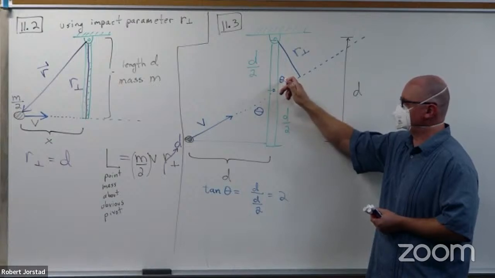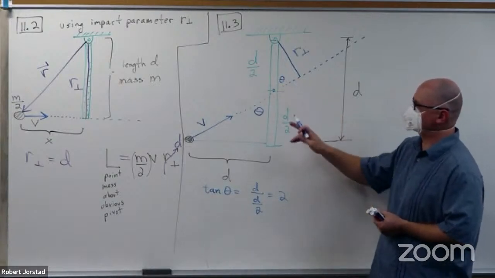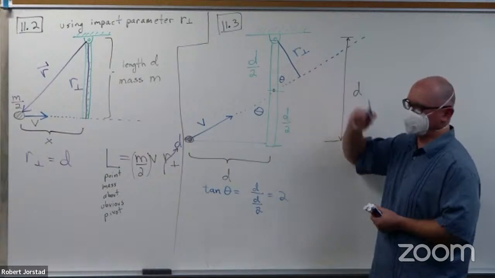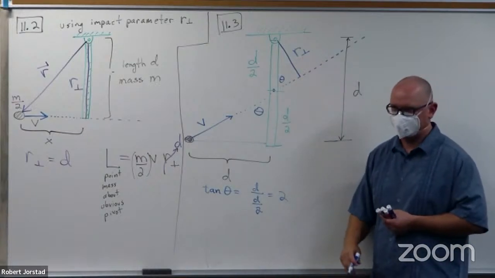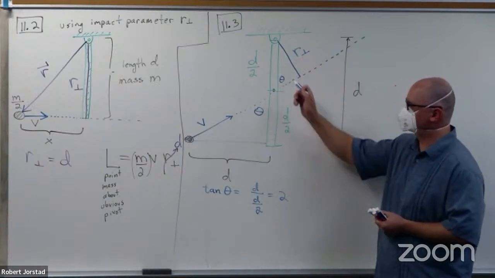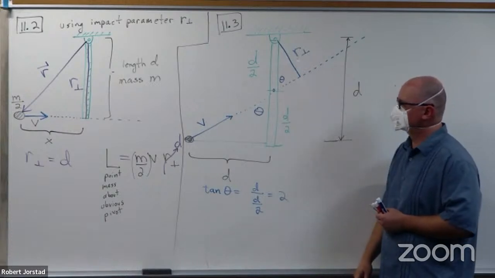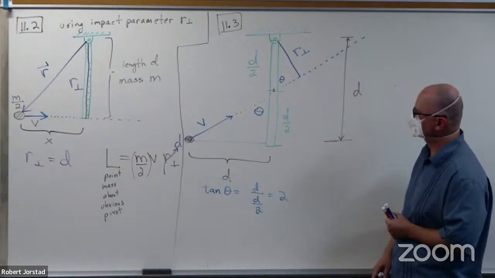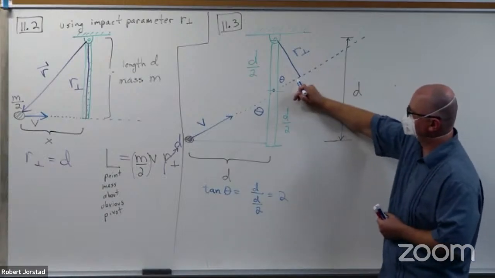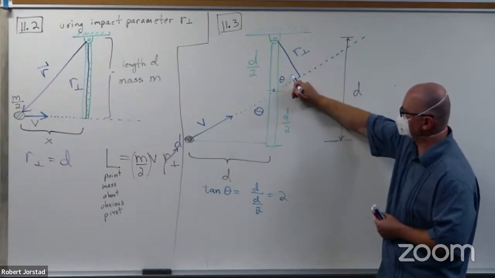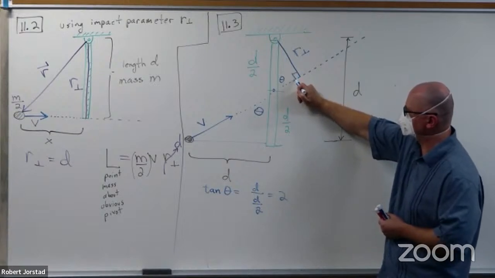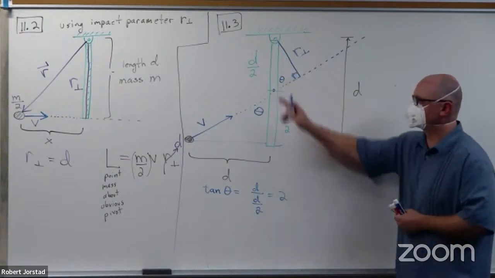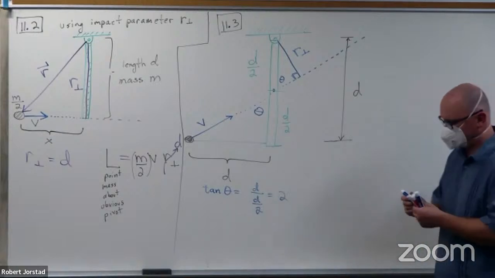This would be theta. Can I now relate D over 2 to R perp? Would I use SOH, CAH, or TOA? Where's the right angle in this one? This is the right angle. So where's the hypotenuse in this triangle? D over 2. So would I use SOH, CAH, or TOA?